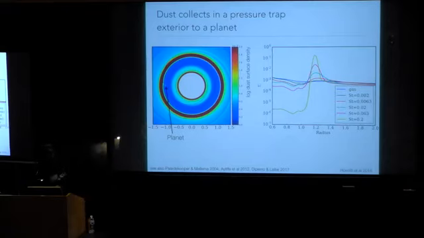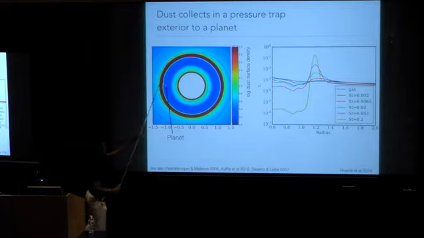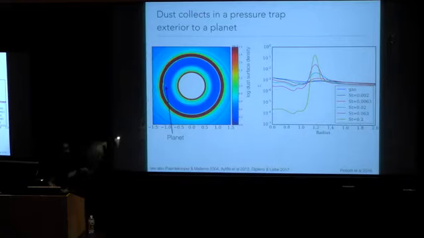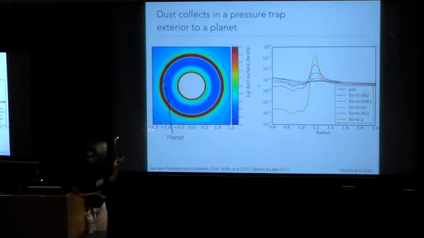So, from planet-disk interaction simulations, we know that if you have a planet embedded in the disk, it should open up a ring exterior to it. This is work that really started early on, back in 2004, and a lot of authors have shown this.